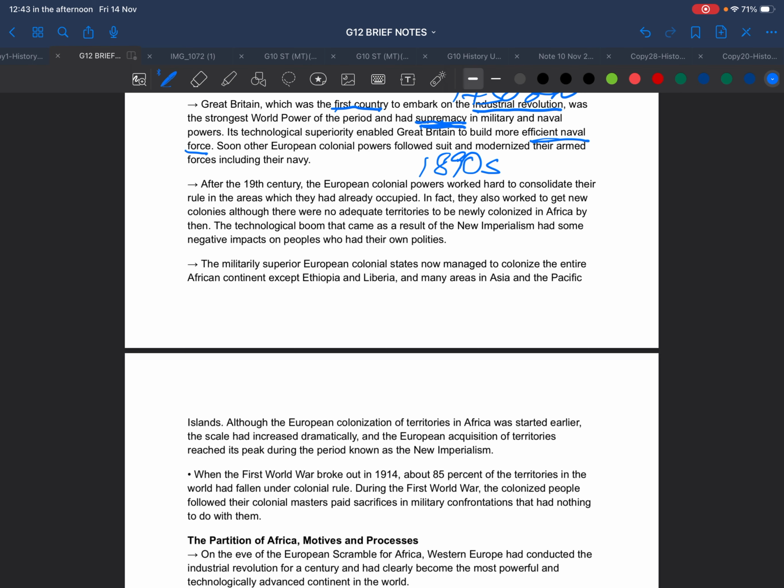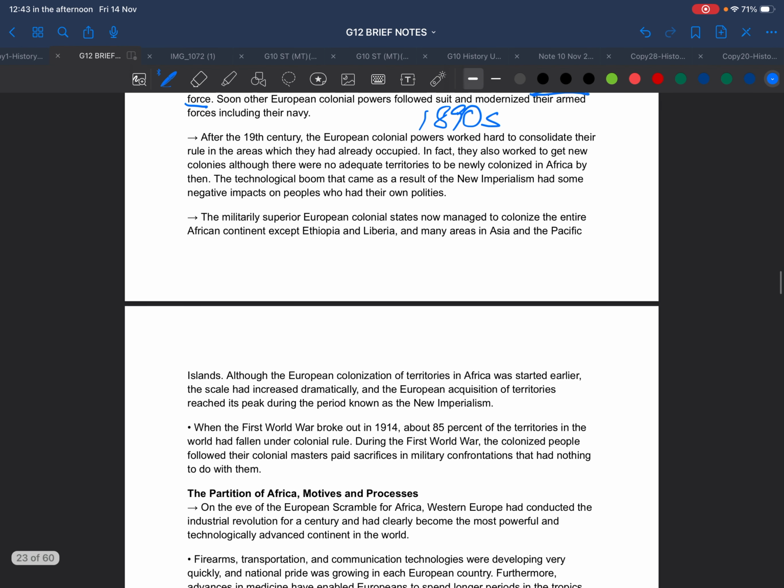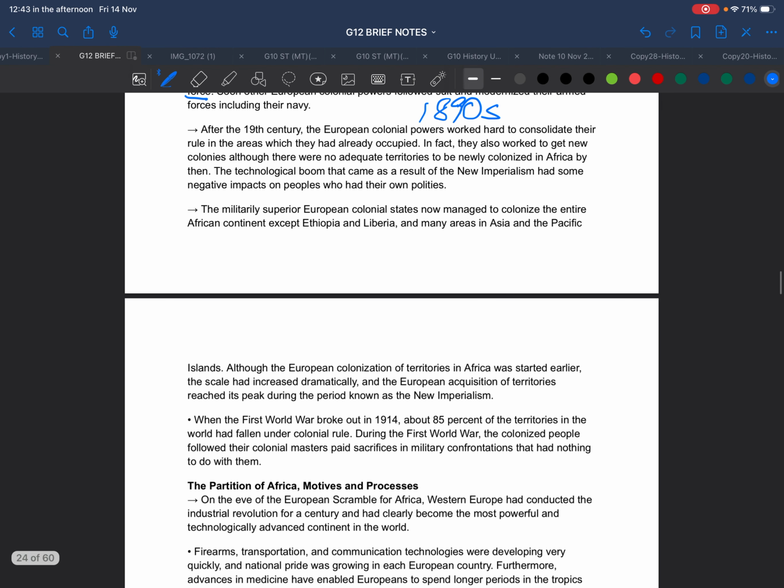the British Navy. After the 19th century, the European colonial powers worked hard to consolidate their rule in the areas which they had already occupied. They also worked to get new colonies, although there were no adequate territories to be newly colonized in Africa by then.